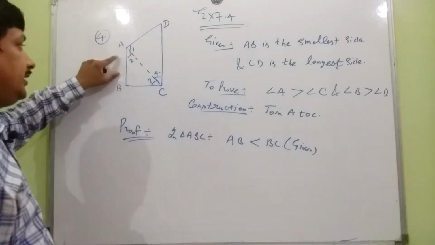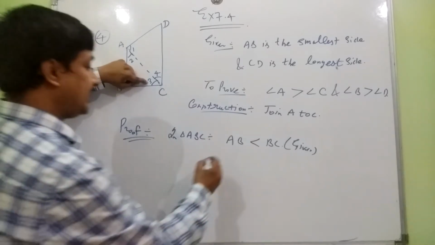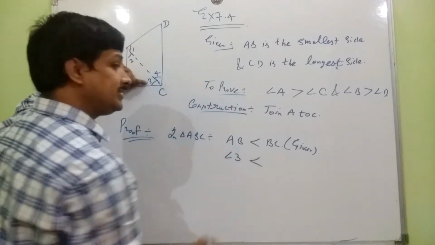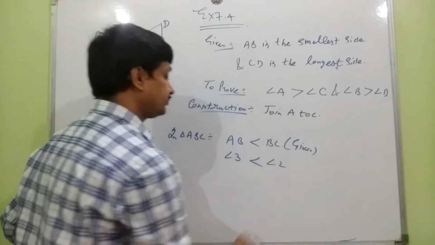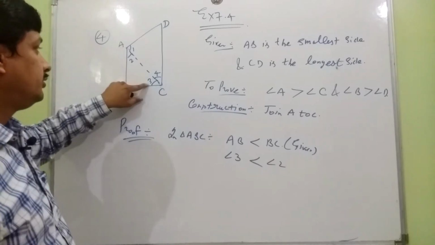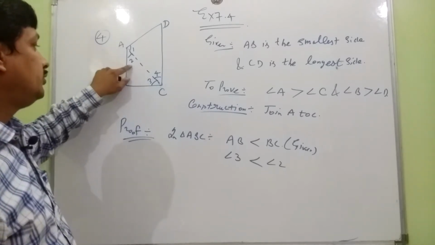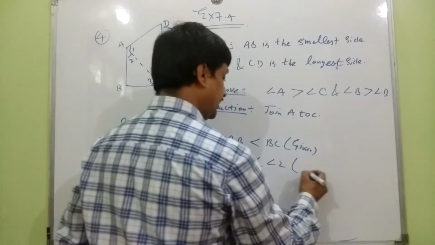If AB is less in this triangle, then the angle opposite to it, angle 3, is also less than angle 2. Angle 3 is opposite to side AB and angle 2 is opposite to side BC. What is the reason behind that?